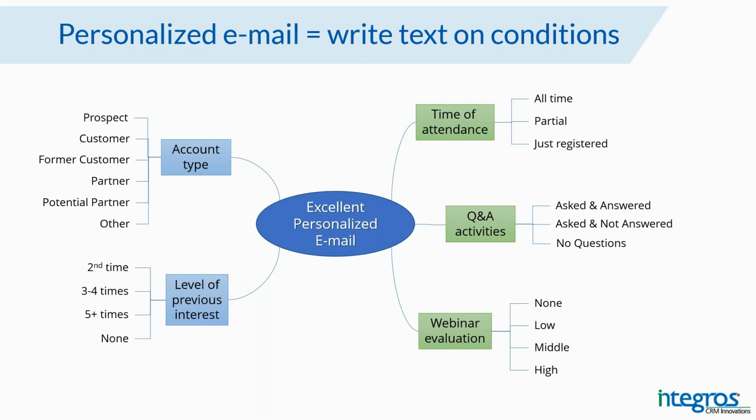On the other hand, on the right side, we consider the attendee's reaction to the content of the webinar, whether there were questions or marks. For example, if it is our customer who asked a question and the question wasn't answered, it will be one message. If it is our customer as well, but the customer gave us a mark, that will be another message. So there can be a lot of combinations for the final message that will be sent to our attendee.